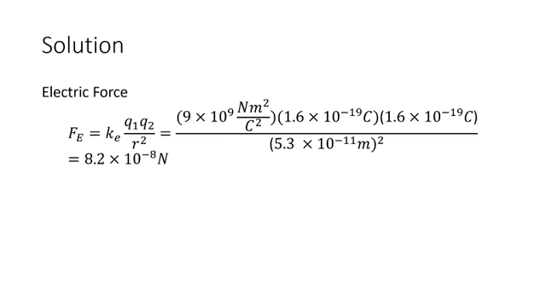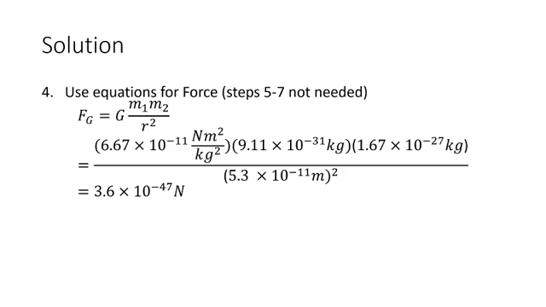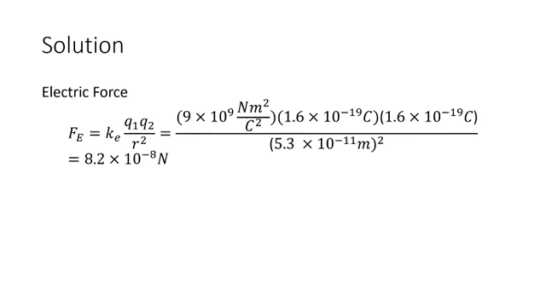For the electric force, you have those two electric charges, but now the constant, instead of 6.67 times 10 to the minus 11th, is 9 times 10 to the 9th. When I plug all of that in, I get 8.2 times 10 to the minus 8. If you compare that, that's a difference of almost 10 to the 40th.